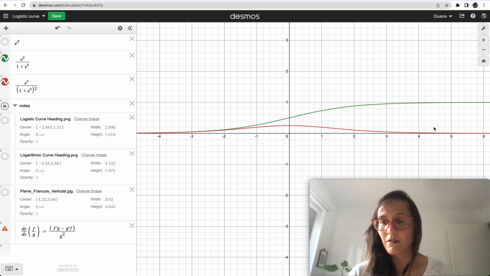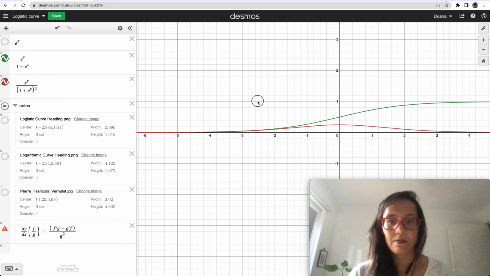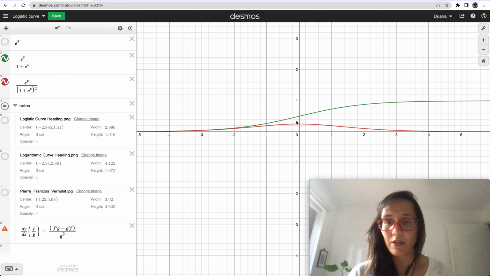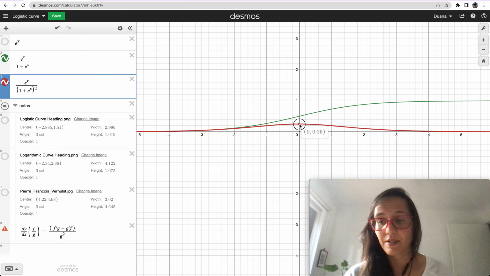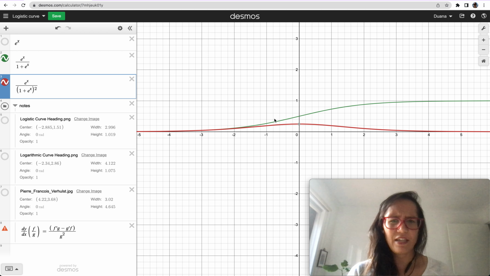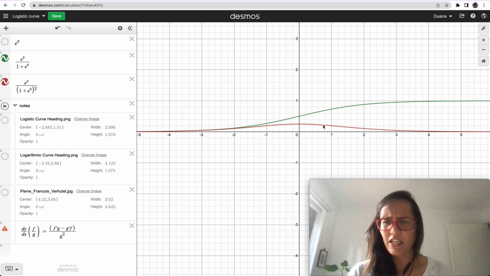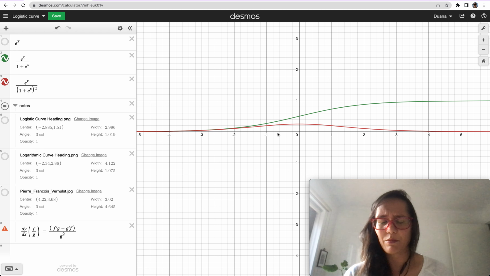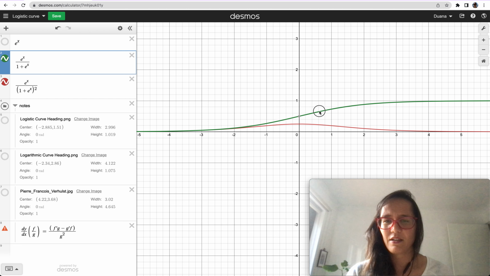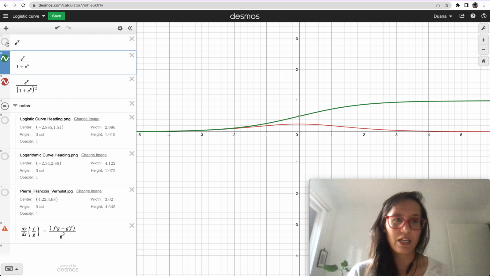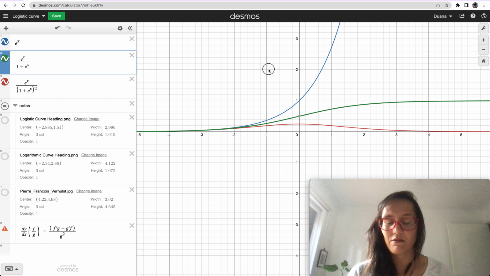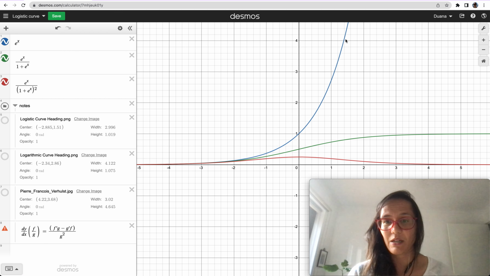At the ends of the graph, the gradient is approaching 0 at both ends. And in the middle, when x is 0, we expect the gradient to be 0.25, and that works out. So that's a pretty funky looking bell-shaped curve from this S-shaped curve, which came from that, a really steep curve.